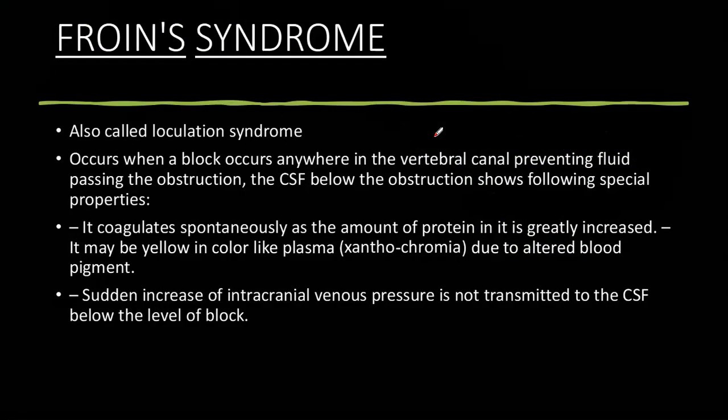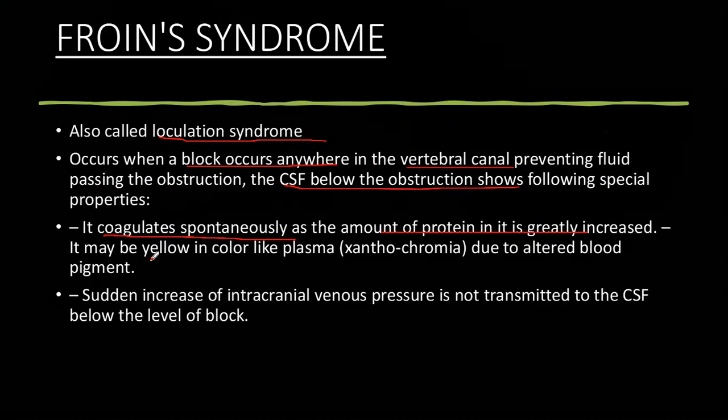Now, what is Froin's syndrome, which is also known as loculation syndrome? Imagine you have a block in the vertebral canal, and this will prevent fluid passing the obstruction. Okay, so the CSF below the obstruction will show some special features. One, it coagulates spontaneously as the amount of protein is greatly increased.